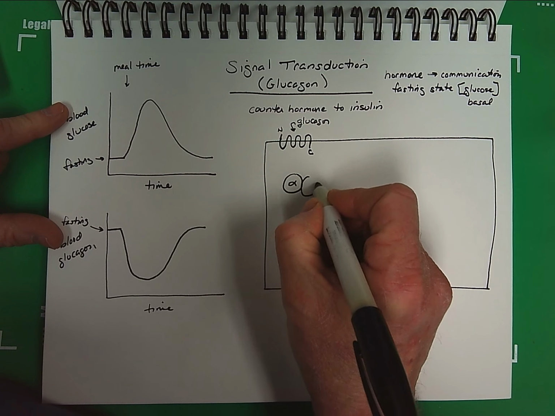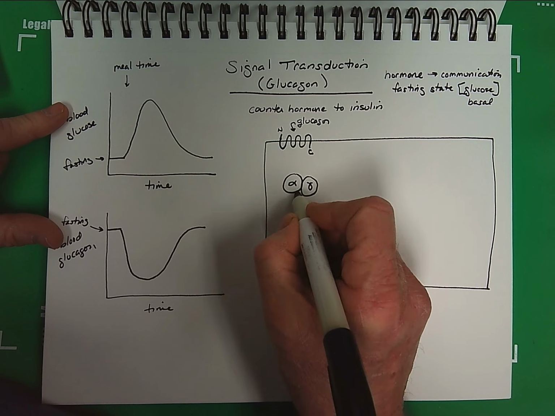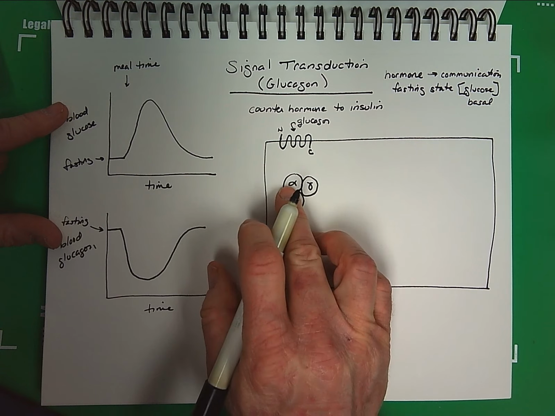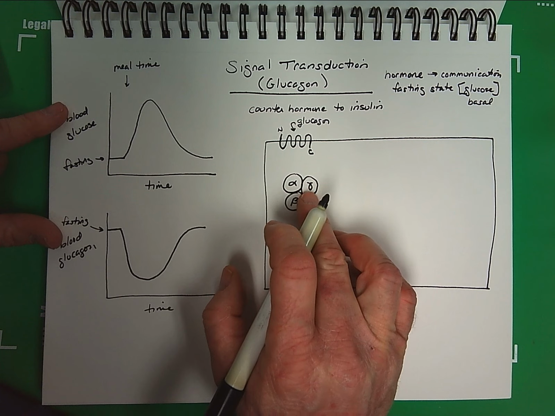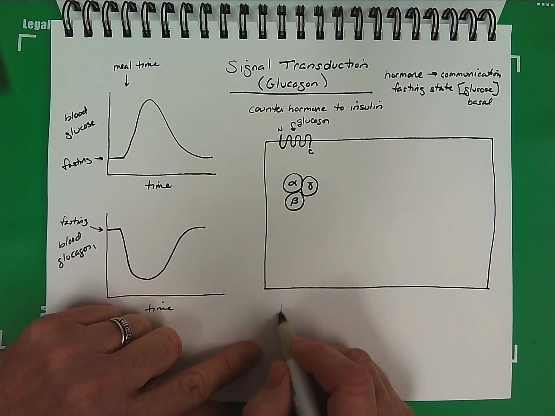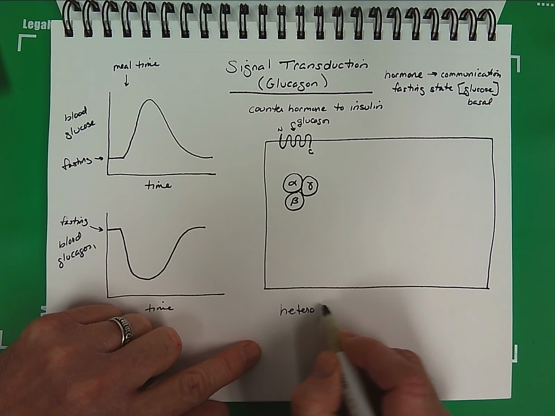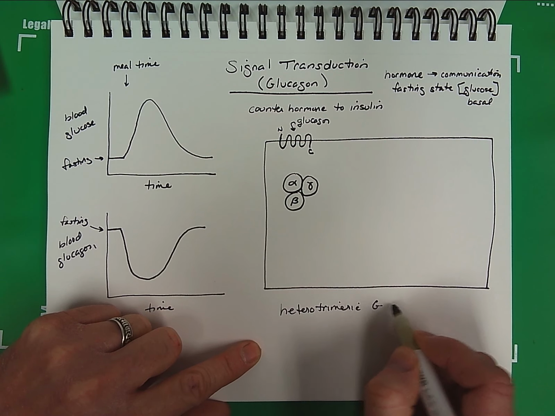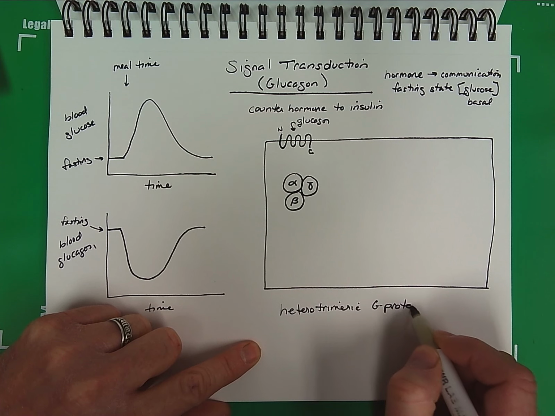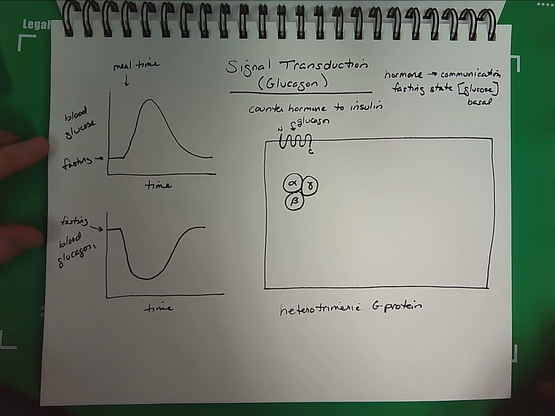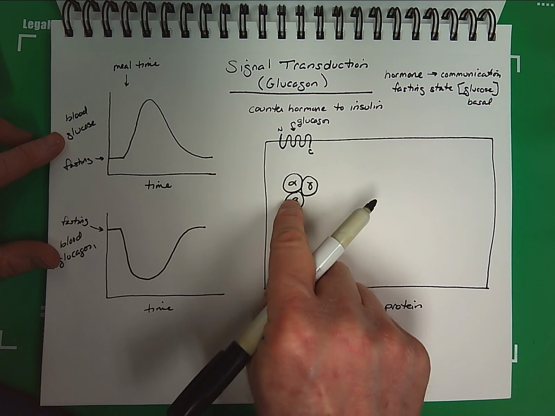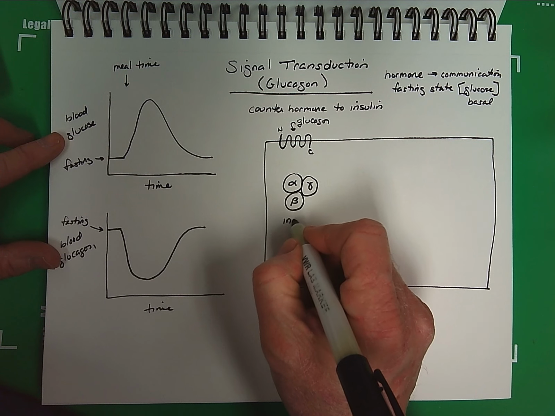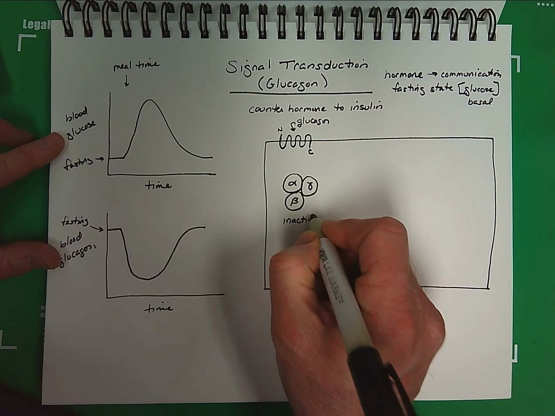It does so by another soluble protein, which is called an alpha, beta, gamma heterotrimeric G protein. Now, this heterotrimeric protein, 3 different subunits, when they're bound together, this is considered the inactive state.